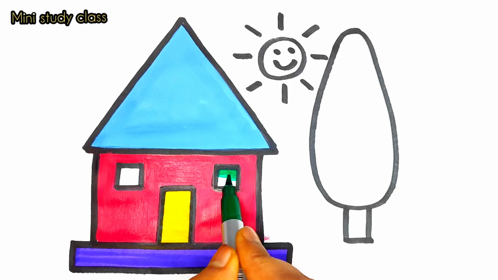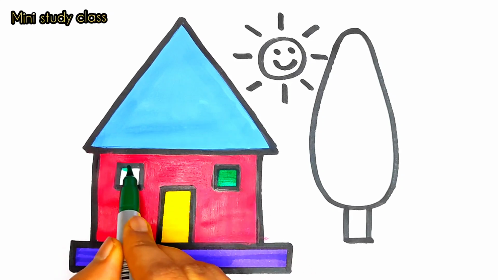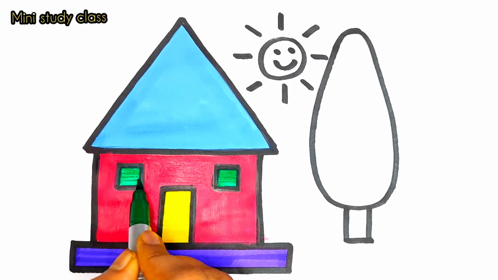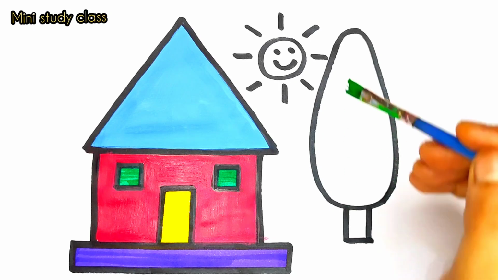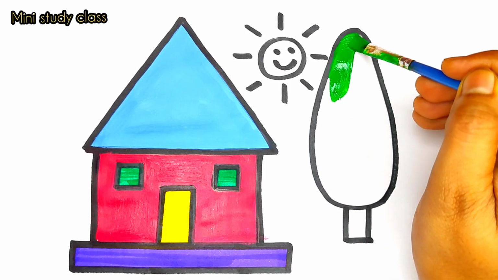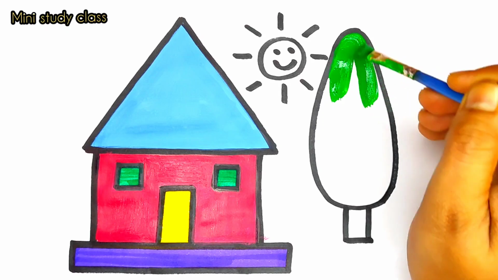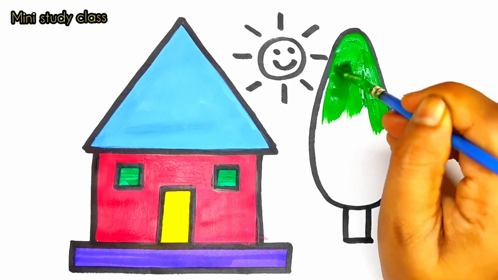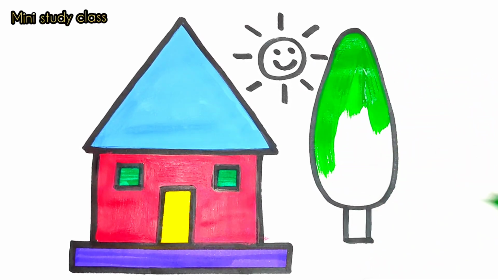We use green color to color the window. Here, we use green color to color the tree which beside the house.